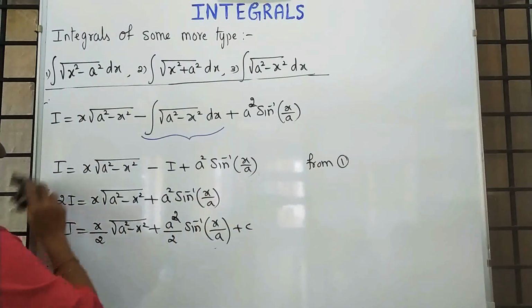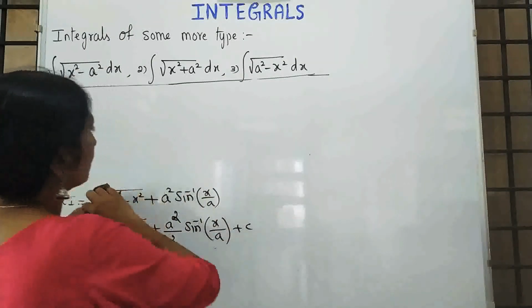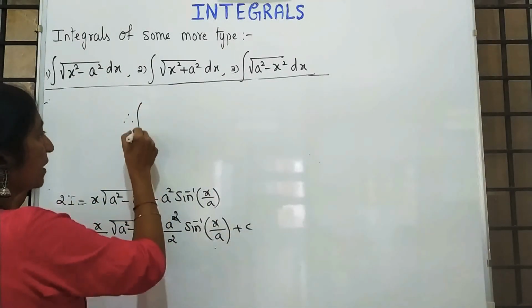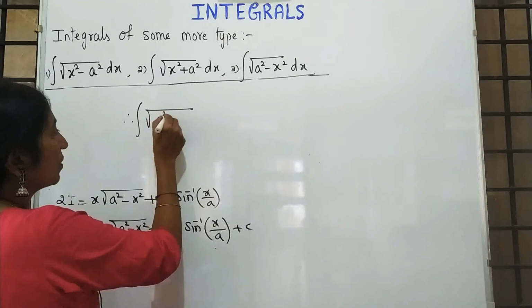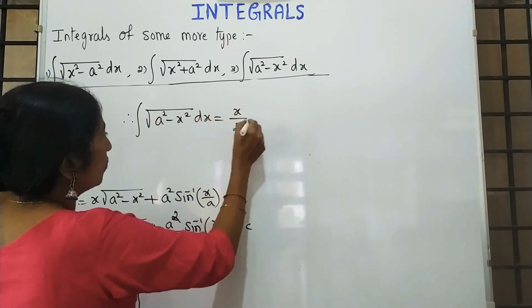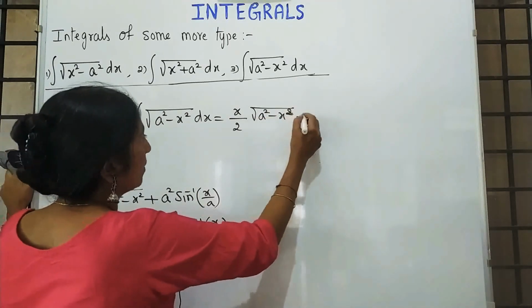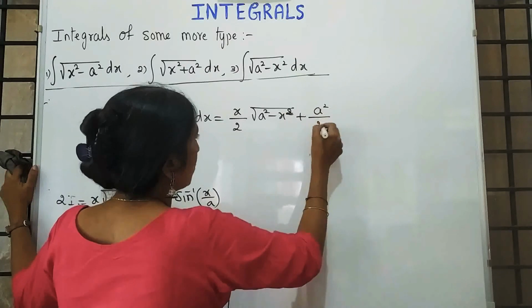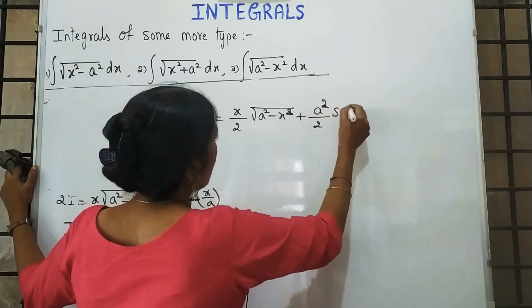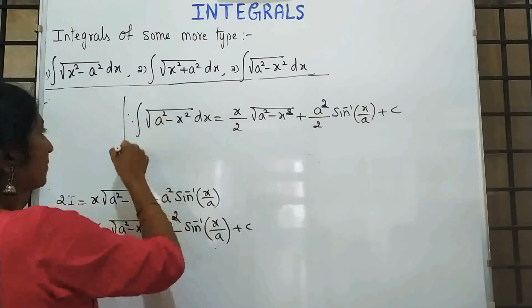So write down the formula once again. This is the third formula. Therefore, integration of root of a square minus x square into dx is x by 2 root of a square minus x square plus a square by 2 sin inverse of x by a plus c.